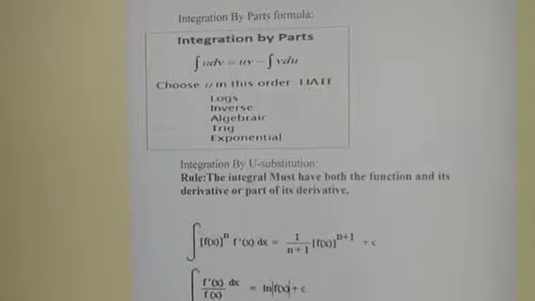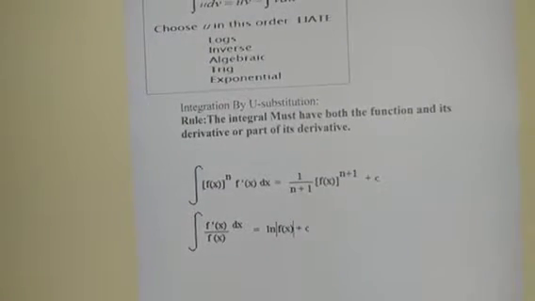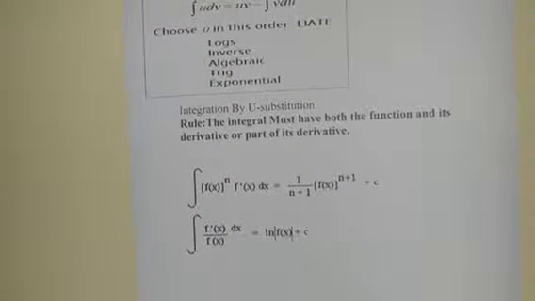So in the example given here, we have the function and its derivative, which is f prime. So we can use u substitution to solve this one.